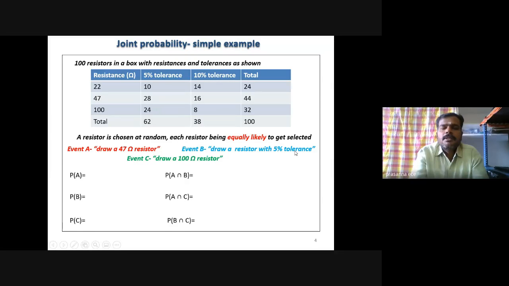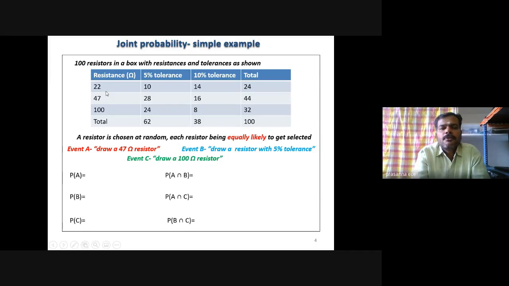Okay, we'll see a small example to understand what is joint probability. It's a very simple example where we have 100 resistors inside a box which have particular characteristics, and the total number of resistors in each characteristic is given. We have resistors with 5% tolerance and some resistors with 10% tolerance. And then we have three different values of resistors.